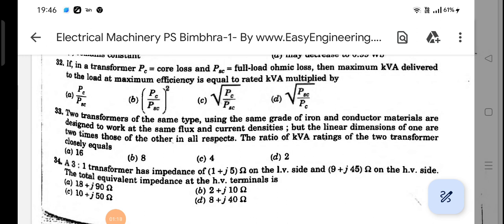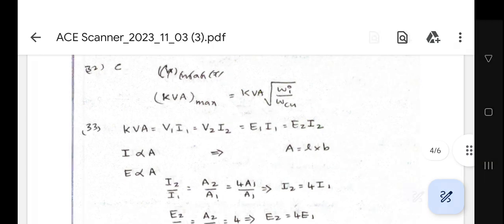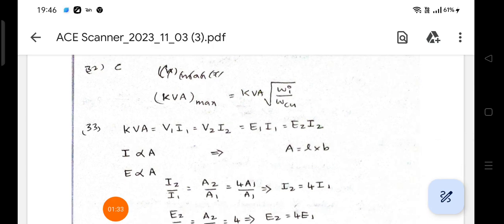The ratio of kVA ratings of the two transformers closely equals to what? kVA rating is nothing but E1 I1 on the primary side and E2 I2 on the secondary side. In a transformer, input power is equal to output power. If we neglect the losses, kVA is equal to V1 I1, which is equal to V2 I2, that is E1 I1 equals E2 I2, right?